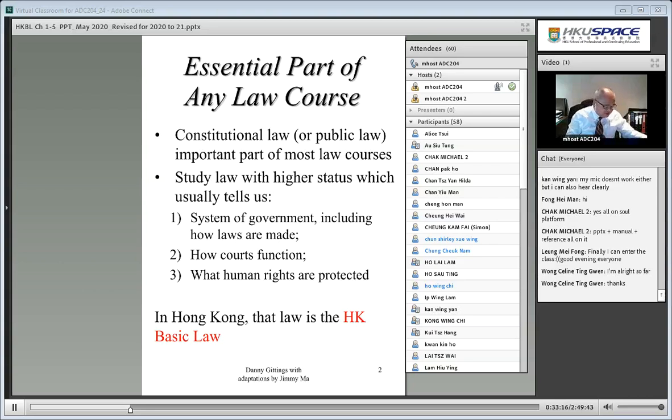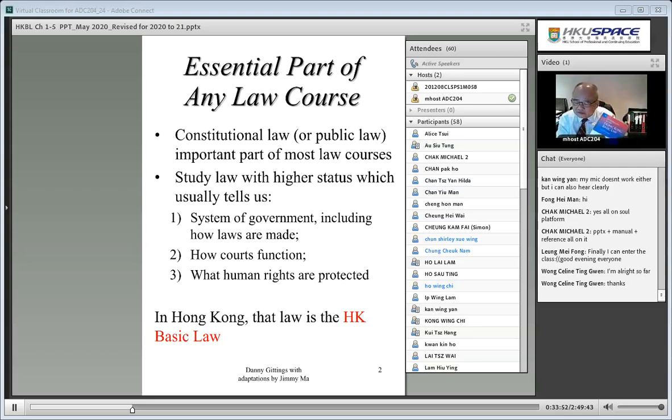Danny Gittings was the founder of this course, and he has written this book, Introduction to the Hong Kong Basic Law, and he had been teaching this course for many years, and this set of PPT was developed by him. And when I took over the teaching, I think it was 2 or 3 years ago, I adapted this. I put in some adaptations.